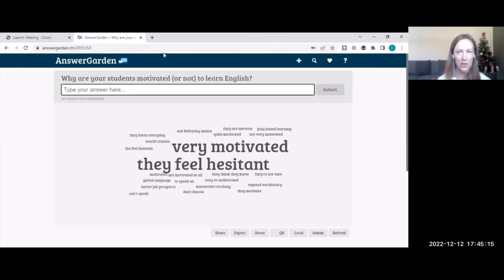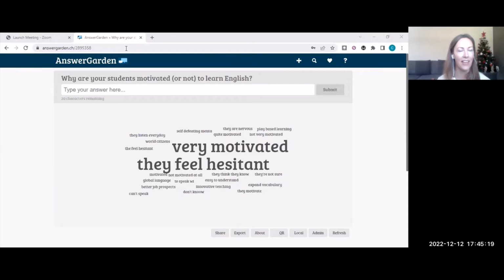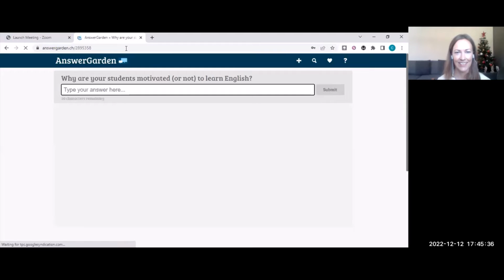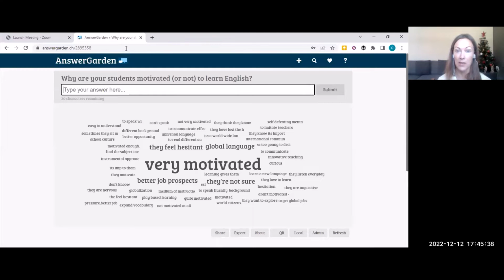So quite a few people there saying they feel hesitant. I'm interested in what the reasons might be behind that. That's quite interesting. And some people are saying they're nervous, they don't know, they think they know. And other people are more positive here: global language, better job prospects, world citizens. In fact, quite a few people are saying this.